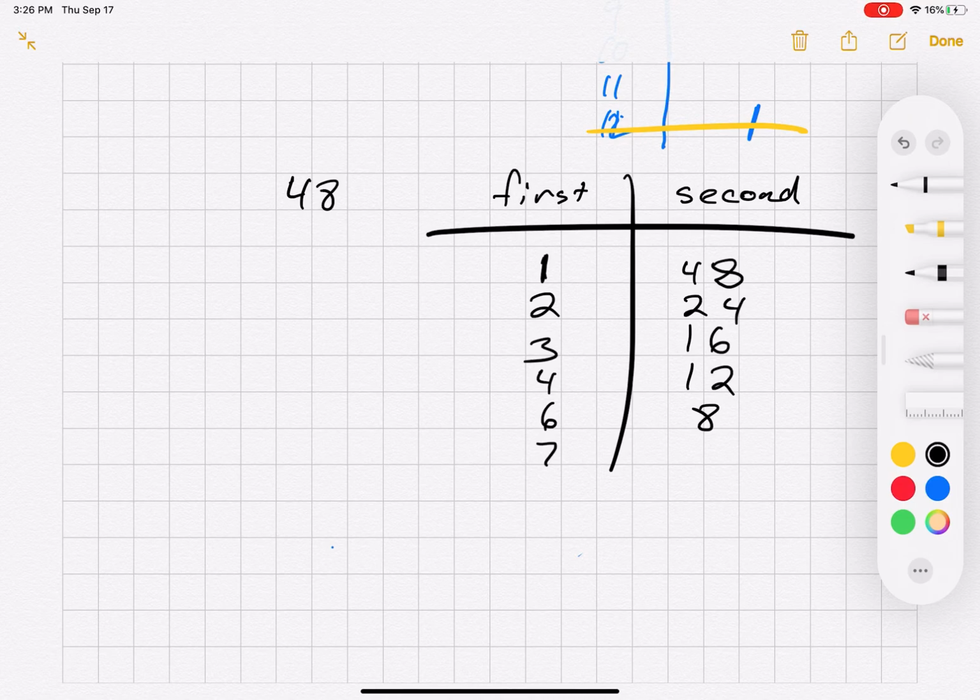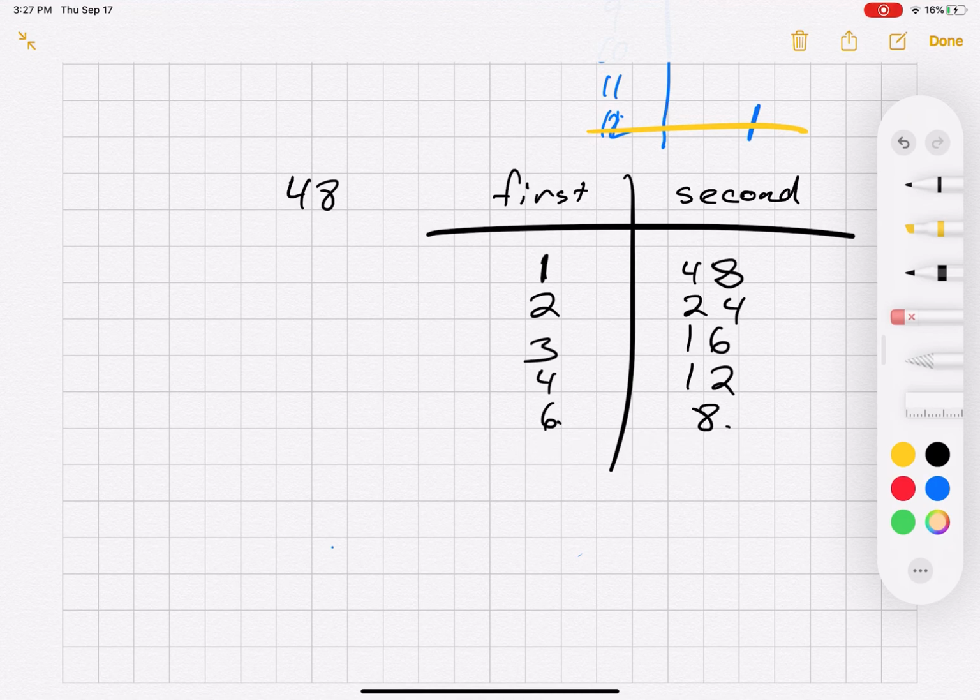Then 7, and 7 doesn't have a partner, so I don't need to write that one down. And then 8 and 6. Notice I've duplicated, so I don't need to write those ones down, so I can get rid of them. As soon as a number is repeated, so 6 and 8, 8 and 6, we don't need it anymore.